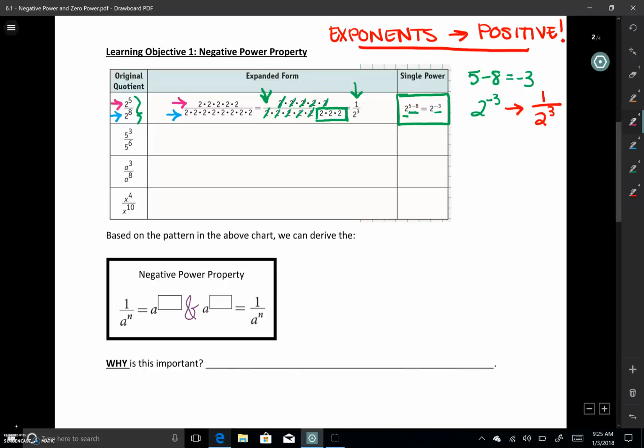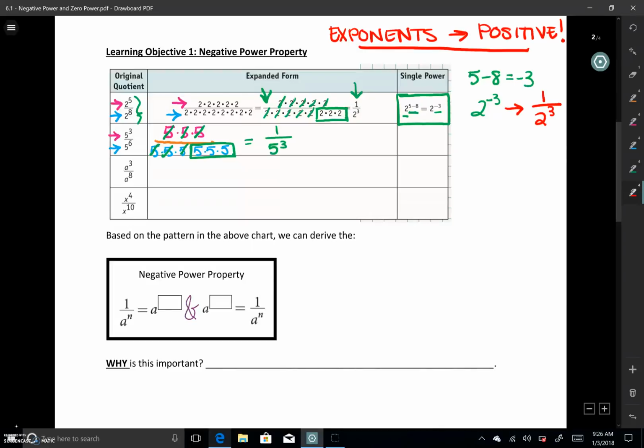Okay, so let's go ahead and do another one. In our second line, I have 5 to the 3rd. So I'm going to have 5 times itself 3 times, and put that all over 5 to the 6th. So I have 5 times itself 6 times. If I do it by canceling, I'll cancel a 5 in the numerator, in the denominator, in the numerator, denominator, numerator, denominator. And what I'm left with is 1 over 5 cubed.